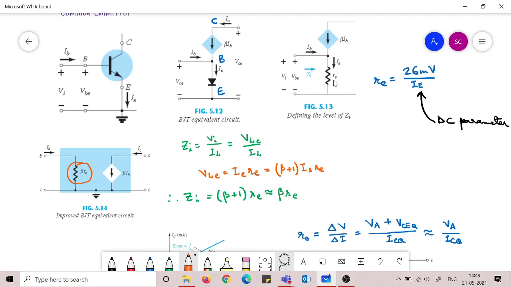So from this arrangement of elements, whatever information we have obtained by the equations, we are trying to represent in a circuit form. That circuit, which is nothing but the representation of the different equations we get from analysis of these equivalent circuits, can be treated now as a model of the transistor.